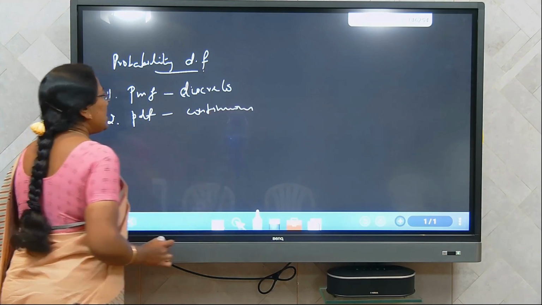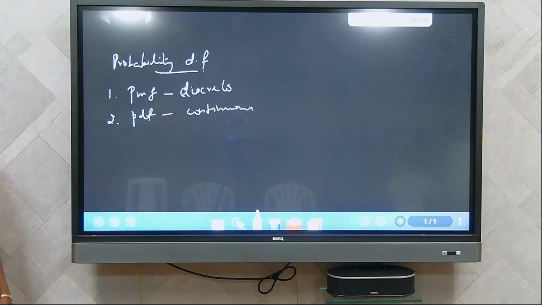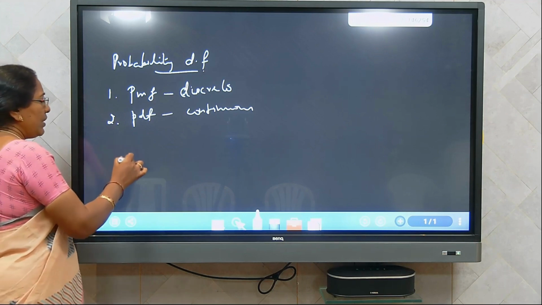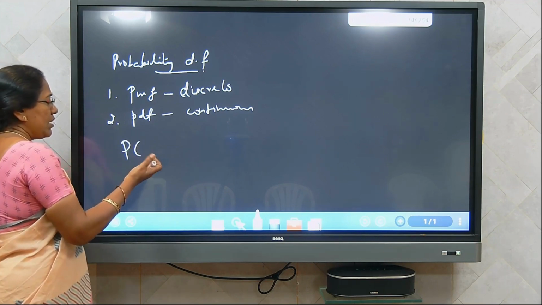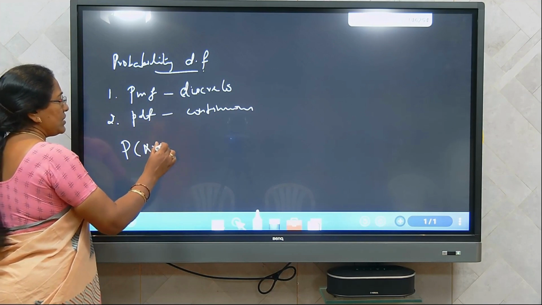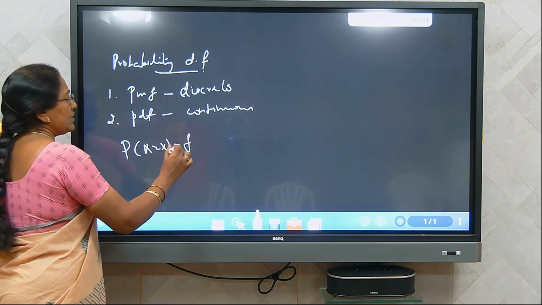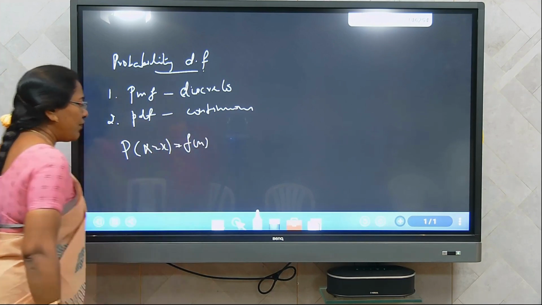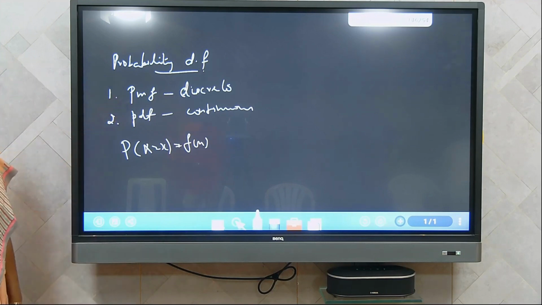The short forms are PMF and PDF. Both are defined by probability of X equal to x, that is f of x. In notation, we use f of x to denote the probability mass function or probability density function.